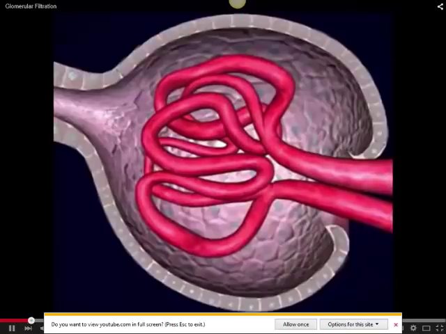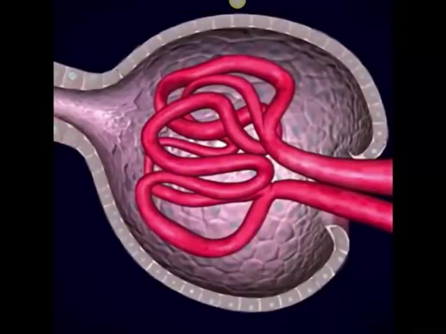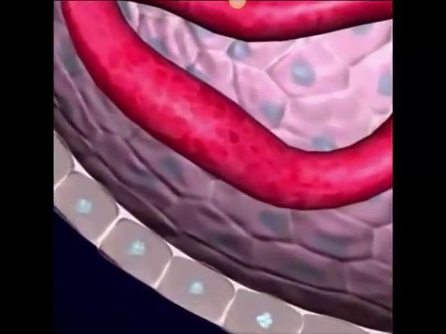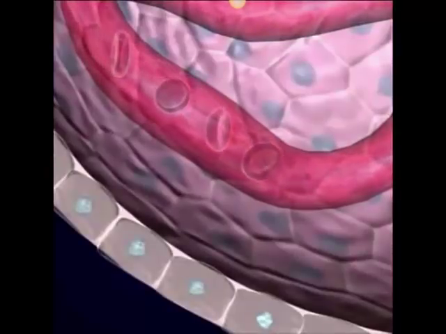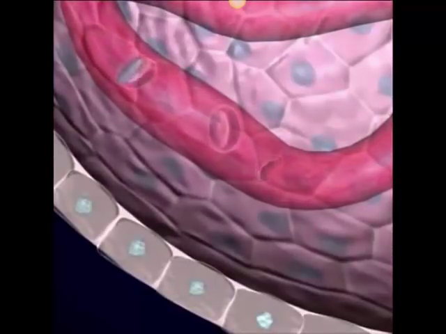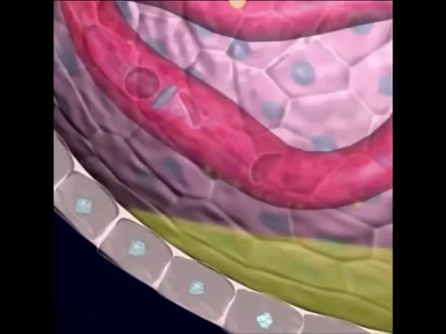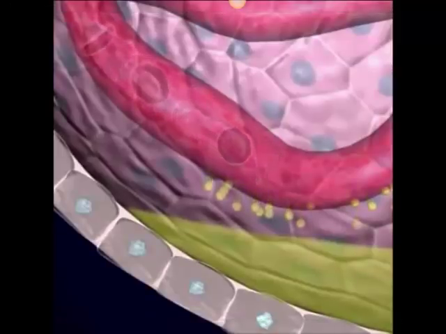Filtration is the first of three main processes in urine formation. Blood flowing from the glomerulus exerts pressure, and this glomerular blood pressure is high enough to push water and dissolved substances out of the glomerulus and into the Bowman's capsule. This fluid then becomes known as the glomerular filtrate. The wall of the glomerulus contains pores and is similar to a strainer.